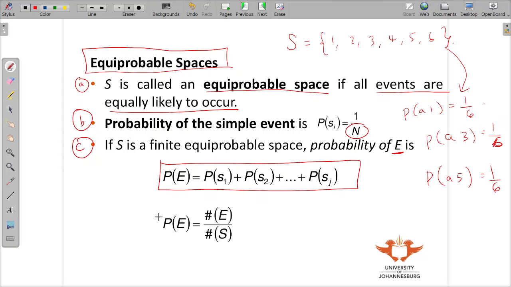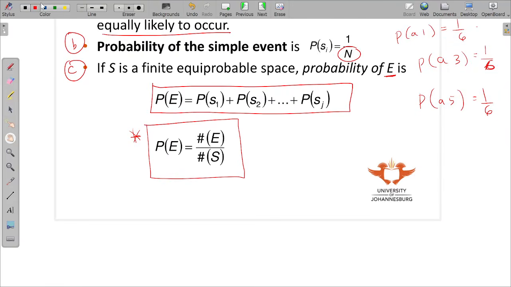But in finding probability, take note of this definition. Probability is simply the number of outcomes in the event over the number of sample points in the sample space. That is the basic definition of probability.